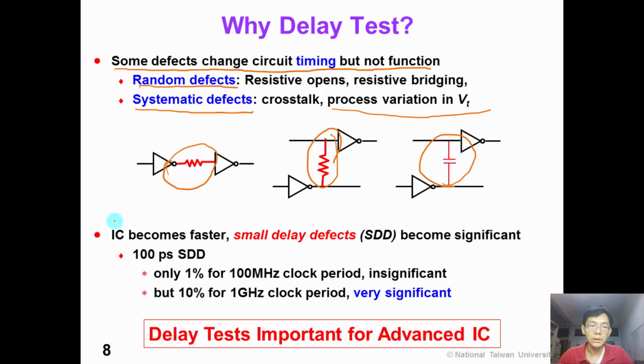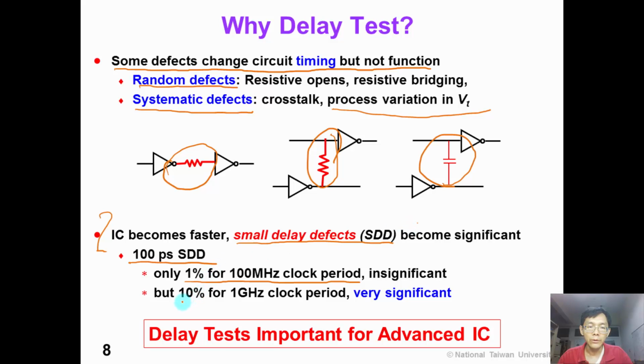The second reason for delay test is that in modern designs, where speeds are getting faster and faster, small delay defects, or SDD, are becoming more and more significant. For example, a 100 picosecond small delay defect is only 1% for a 100 MHz clock period, which can be insignificant for old designs.